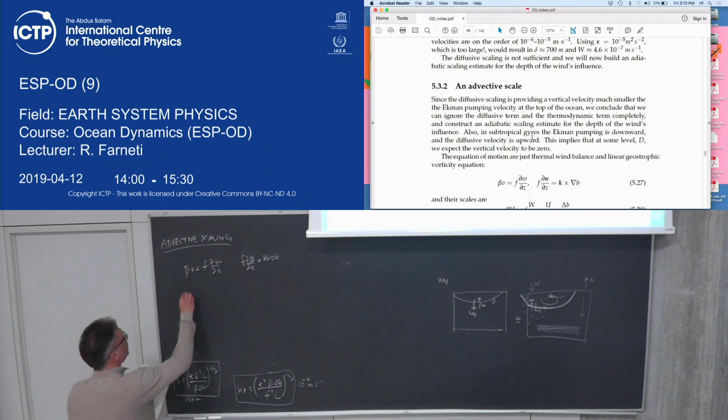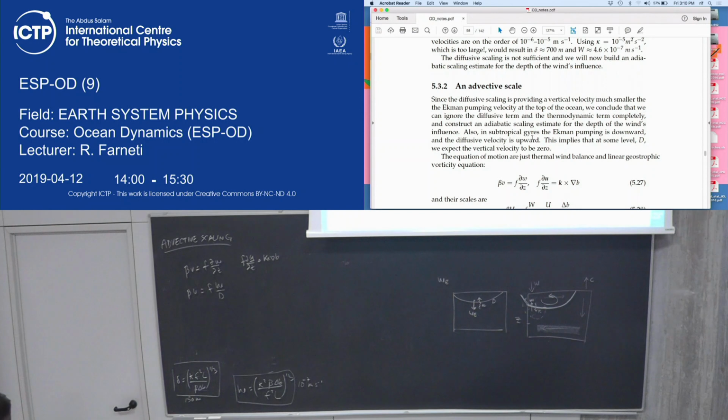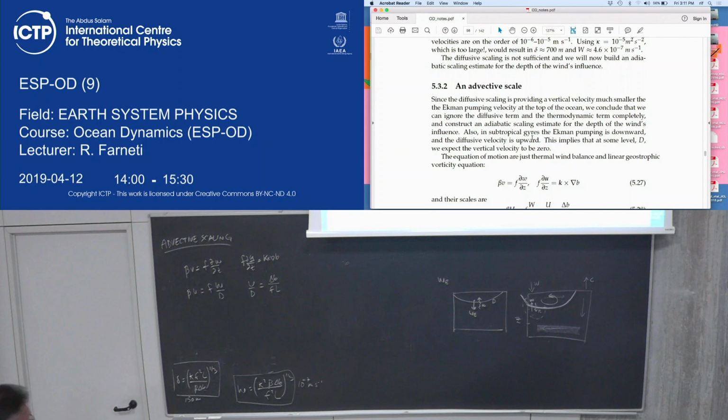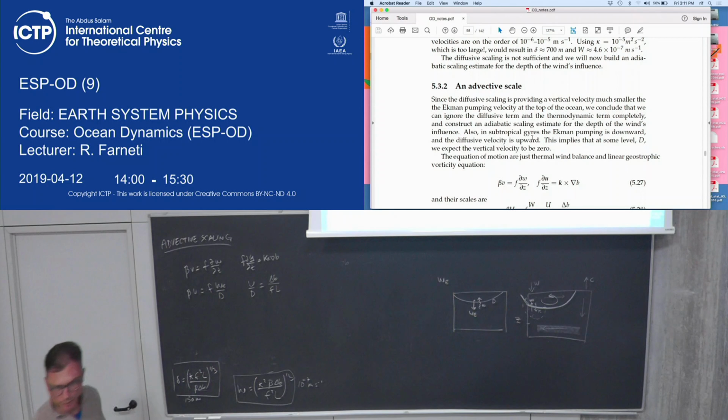So if you do a scale analysis of this, it is again beta u f over d. Now it is an advective vertical scale, so we're not going to call it delta. This was the diffusive scale. Now it is d, some advective scale. And here we have u over d, which is equal to, again, delta b over fL. Okay, and this vertical velocity is now the Ekman pumping, which we know where it is directed to.